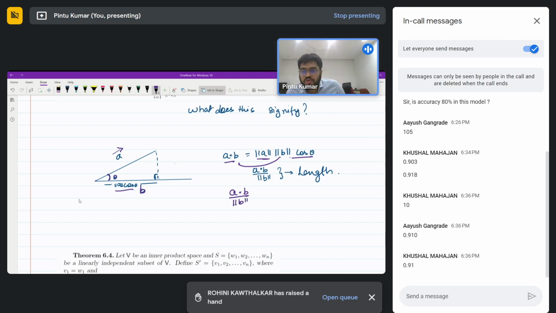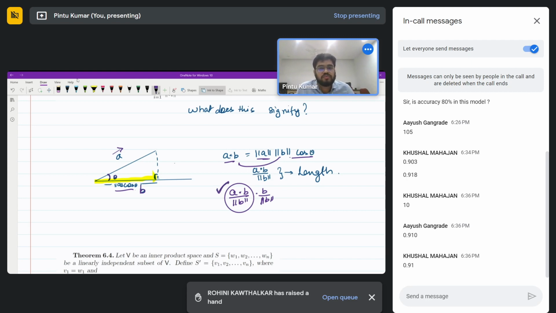And if you want to write this vector from here to here, the length of this vector is this much. And what is the direction of that vector? The direction would be in the direction of B divided by norm B, because we want the unit direction, since we have already considered the length.